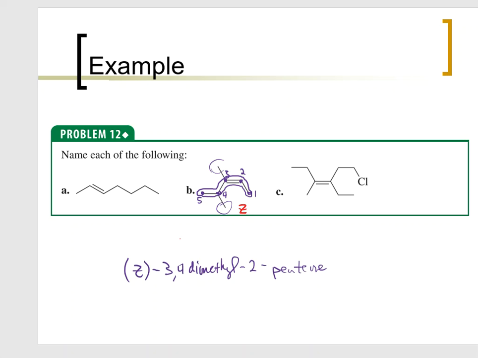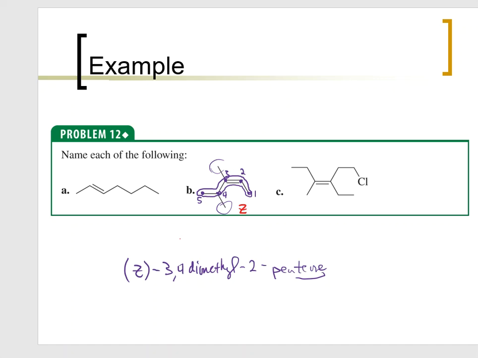We also know that there's only one double bond. Well, how do I know that from the name? This was ene, and it wasn't a diene or a triene and so forth. There was only one double bond, so I only have one orientation in the molecule, and that Z orientation goes to that only double bond. So Z-3,4-dimethyl-2-pentene. All right, so there's B.